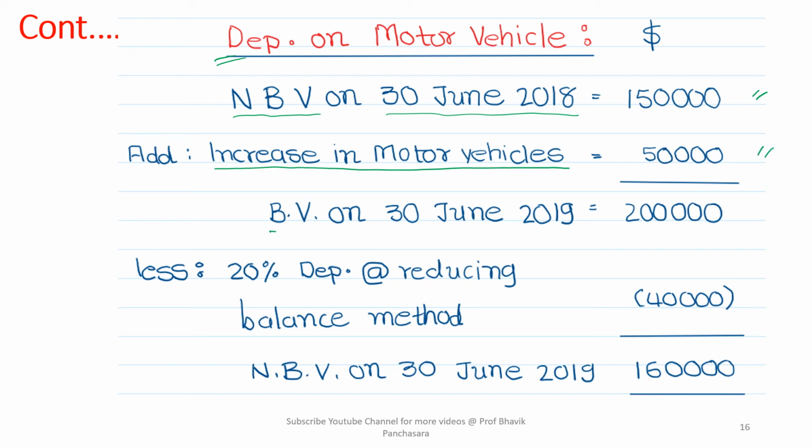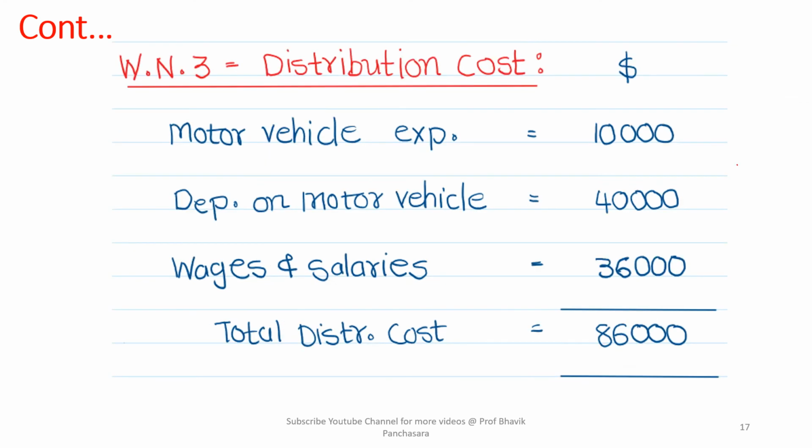So total book value of motor vehicle on 30th June 2019 is 2 lakh. Now as per the depreciation policy, there is a 20% depreciation chargeable using reducing balance method. So 20% will apply on this 2 lakh. So depreciation on motor vehicle comes 40,000.